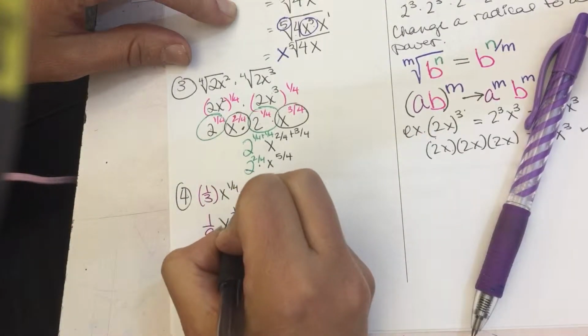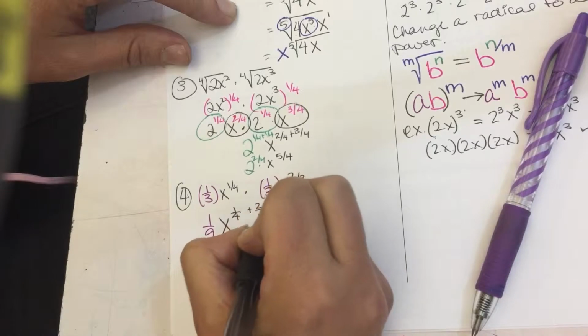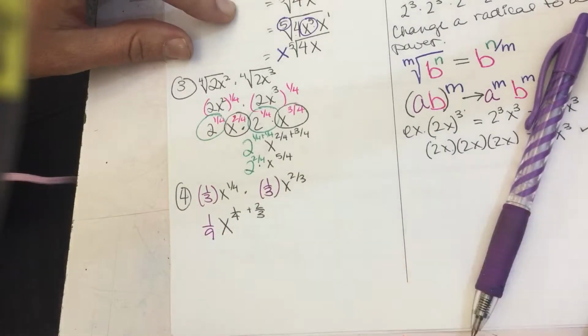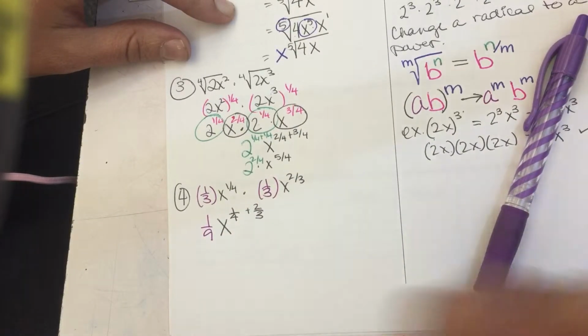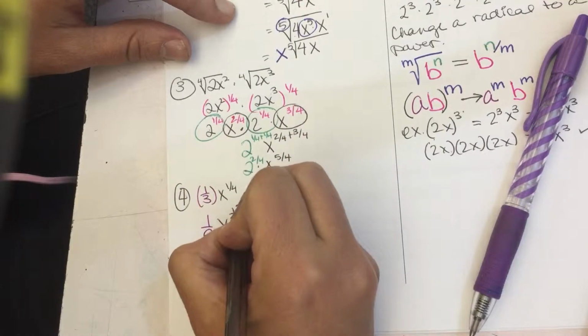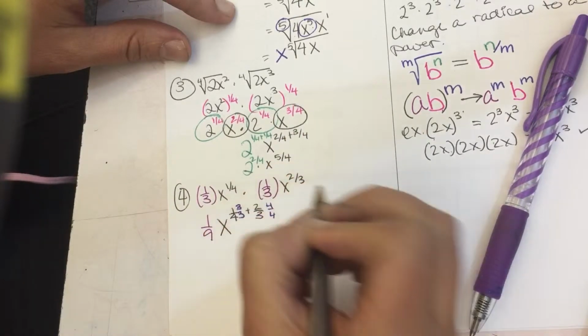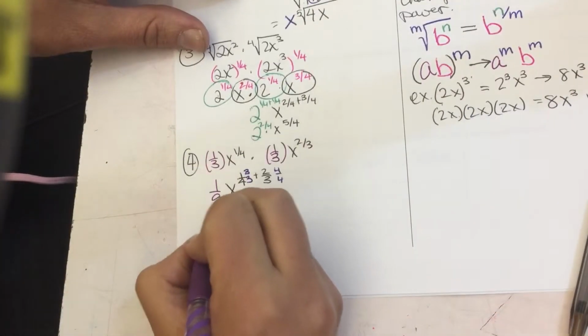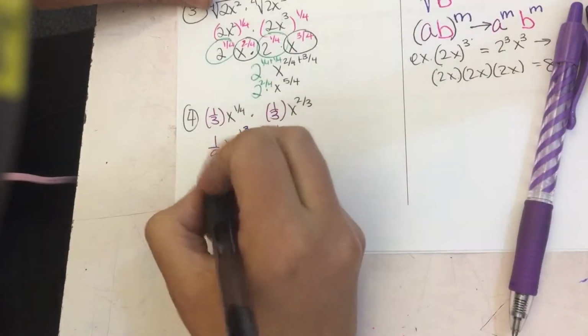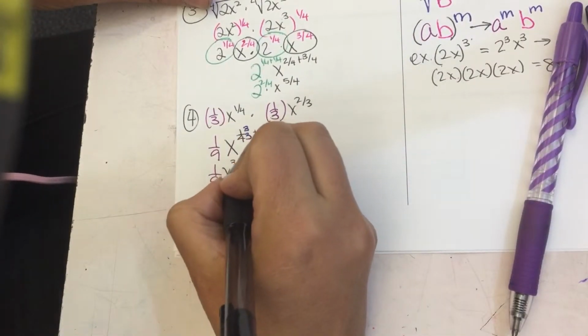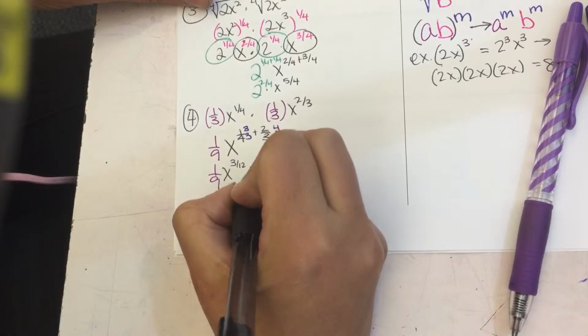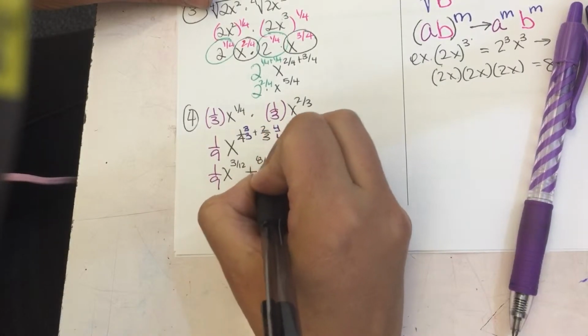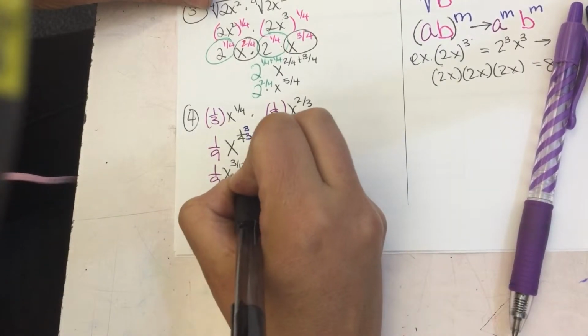But to add the 1/4 with the 2/3, I need a common denominator. So I'm going to multiply that one by 3 over 3 and 4 over 4. So I'm going to have my 1 over 9 x to the 3 over 12 plus 8 over 12. Oops.